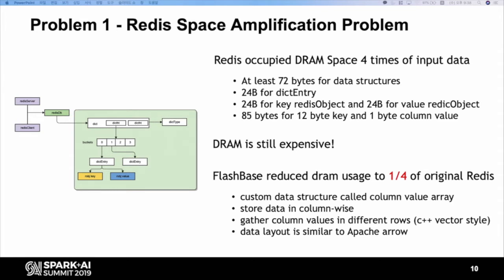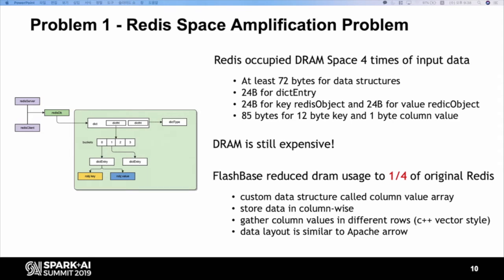First, we designed FlashBase to use the original Redis data structures, but it consumed DRAM memory too much, 4 times of input data. It was because our workloads have very small size column values like 1 byte. Still, DRAM is expensive, right?